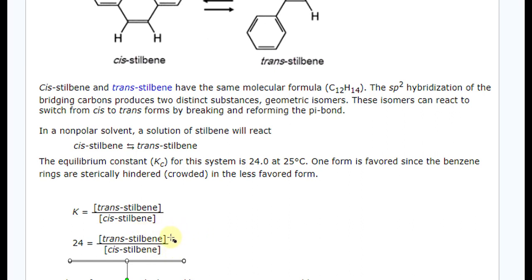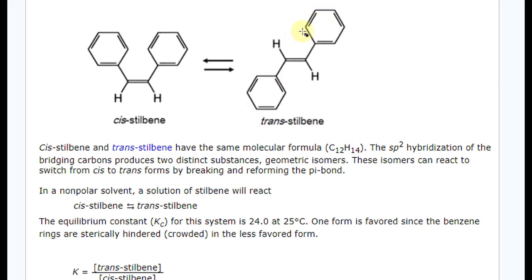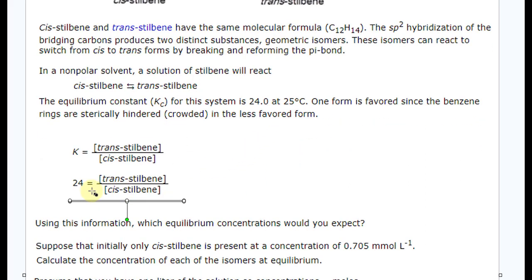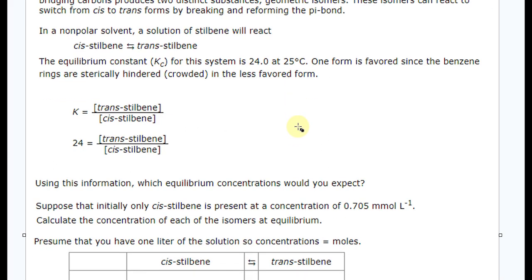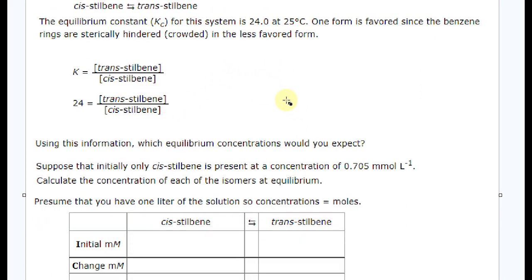You expect to have a lot more of trans, first because it sort of makes sense in terms of structure, but the equilibrium constant confirms that. The bigger your equilibrium constant, the more likely you are to have products. Using this information, which equilibrium concentrations would you expect? Well, we'd expect more trans over cis.